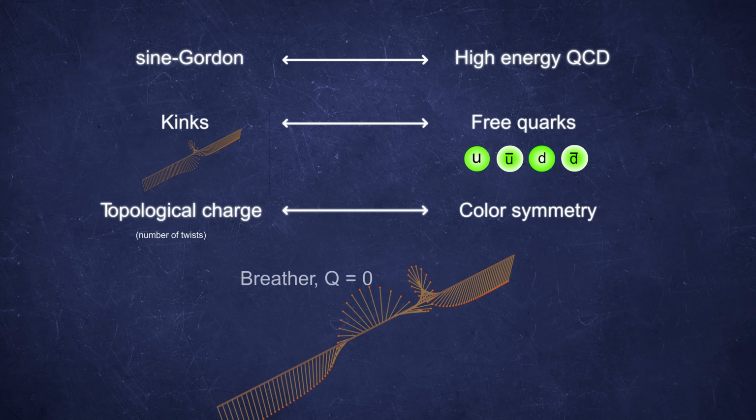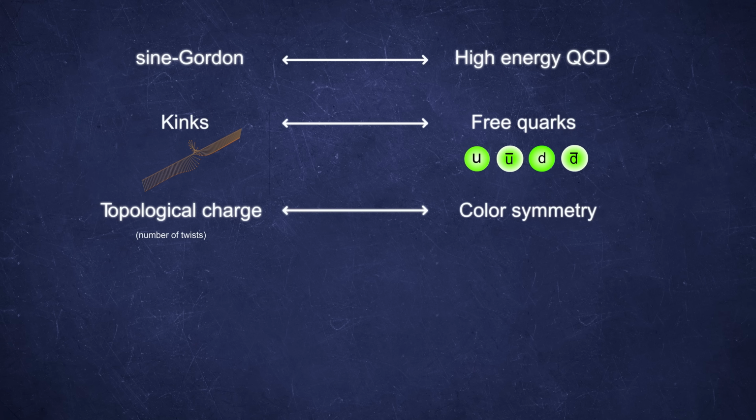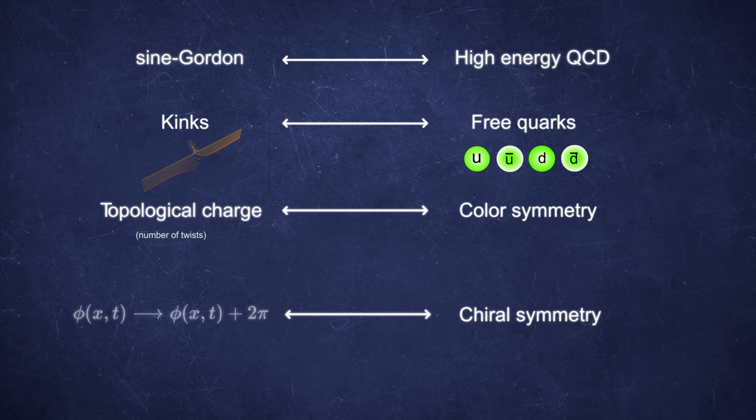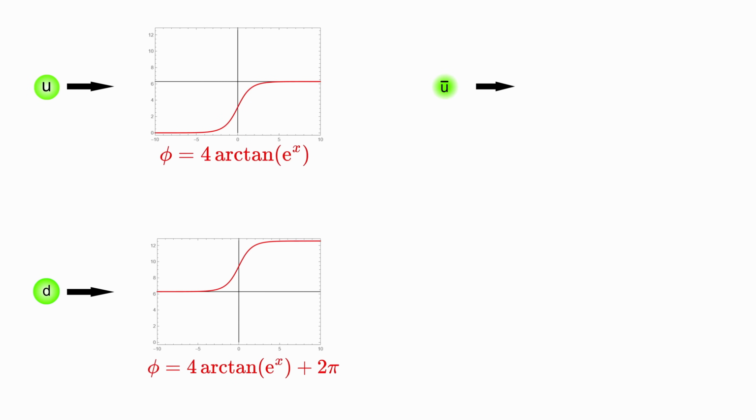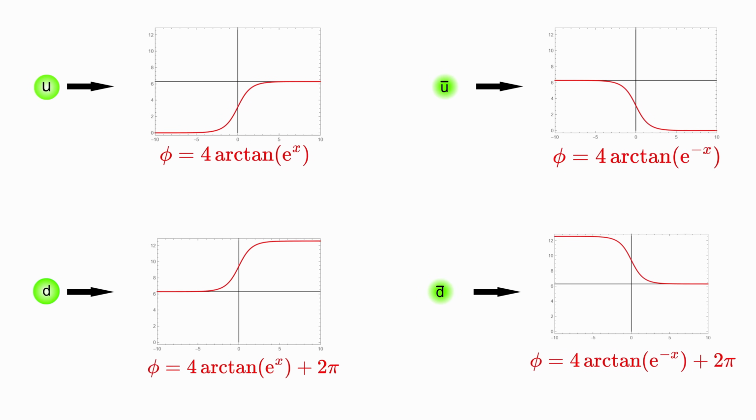And a breather has 0, as there is no twist. QCD at high energies also has unbroken chiral symmetry, which in our model can be represented by invariance under the shift by 2 pi, since we have a sinusoidal potential. Then you can attribute each solution to a specific quark state.